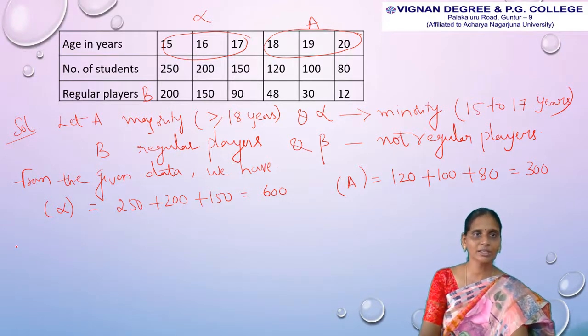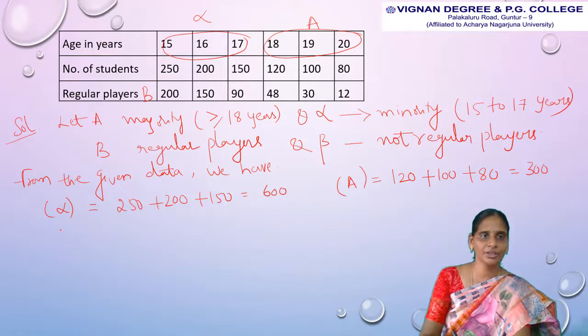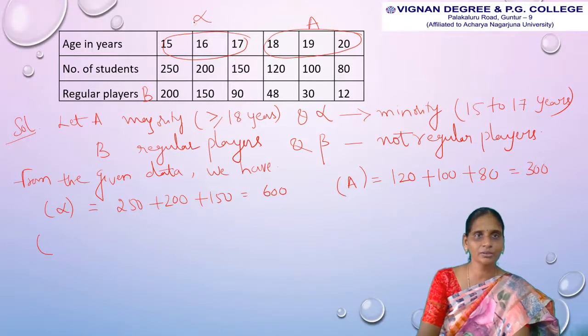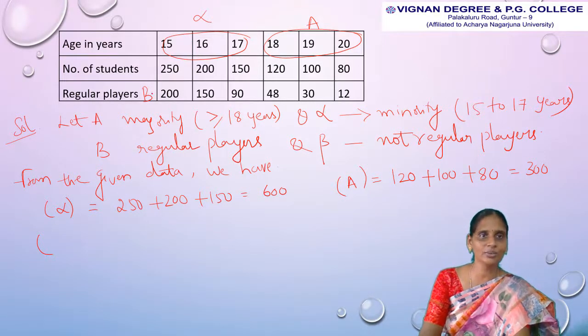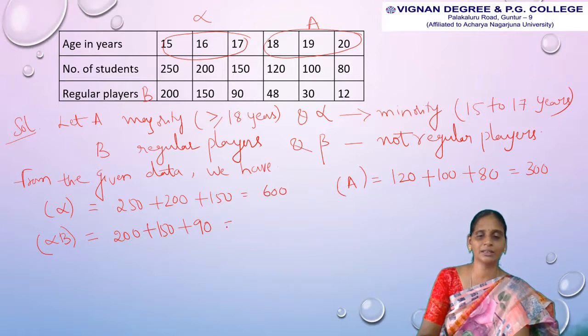And next one, we have to find minor students with regular players, that is frequency of alpha B. So those are 200 plus 150 plus 90, that is equal to 440.